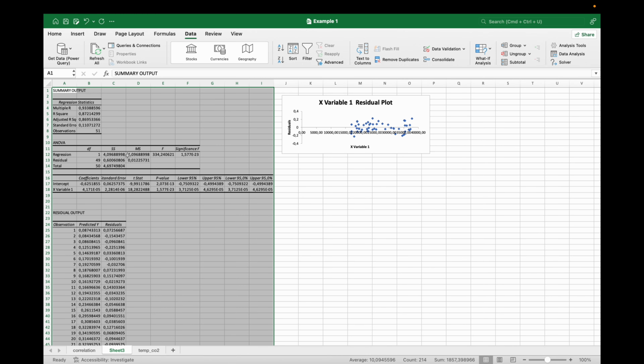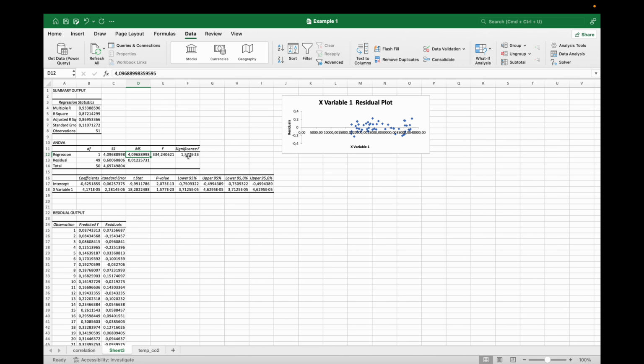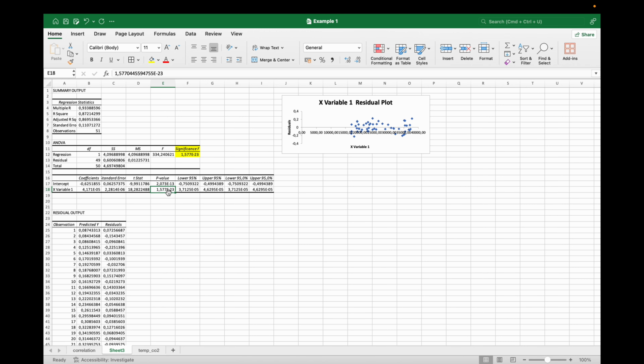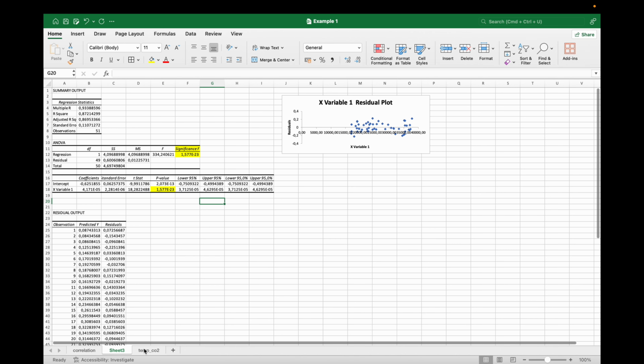Now we have the answer. What we have to look at is the significance F, as I have highlighted, or we can see it at the p-value for the x variable here.